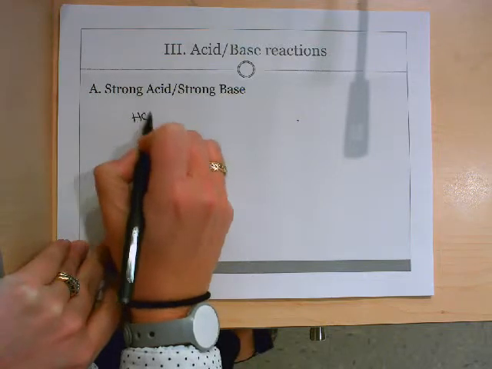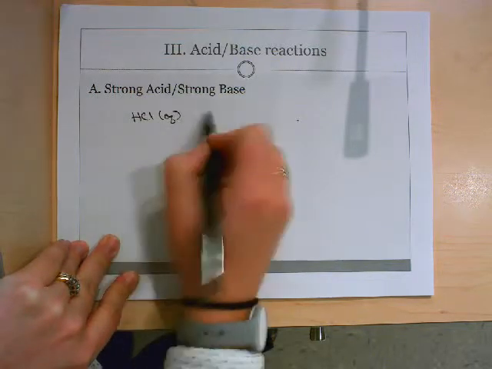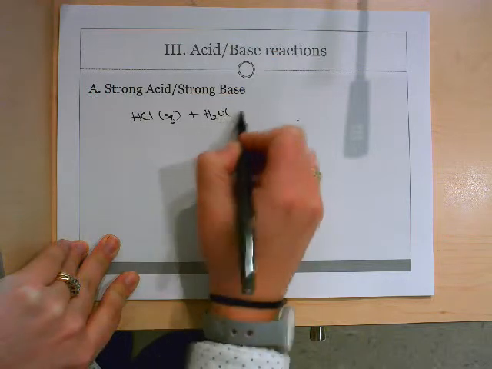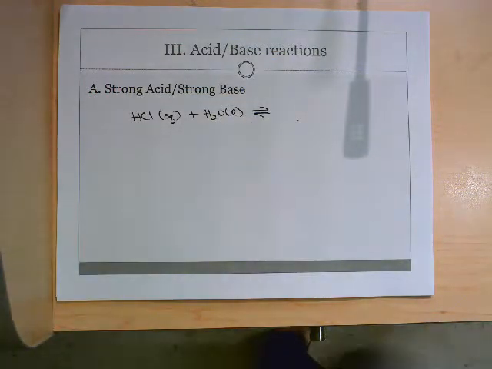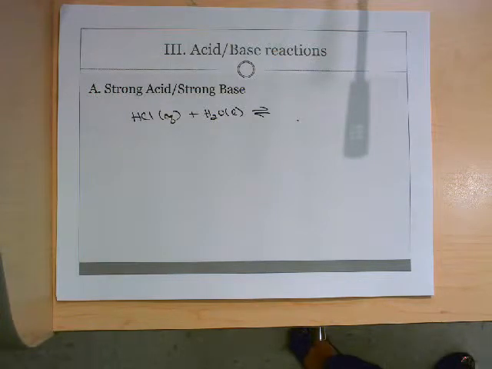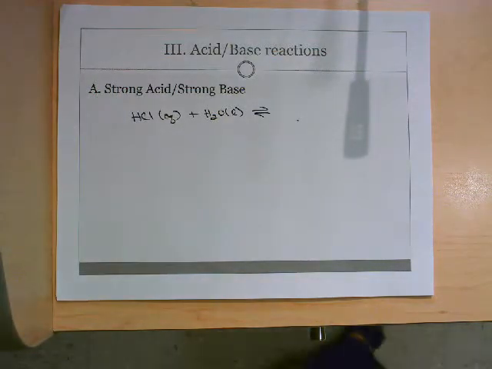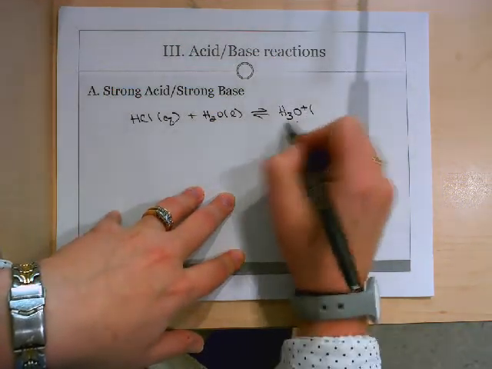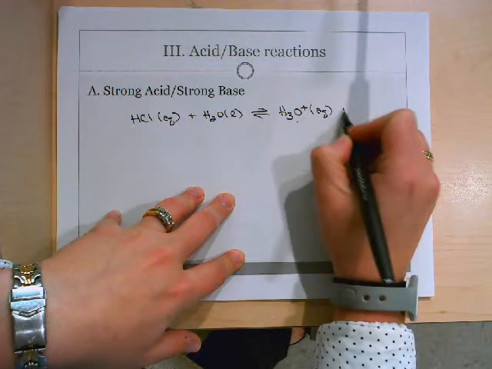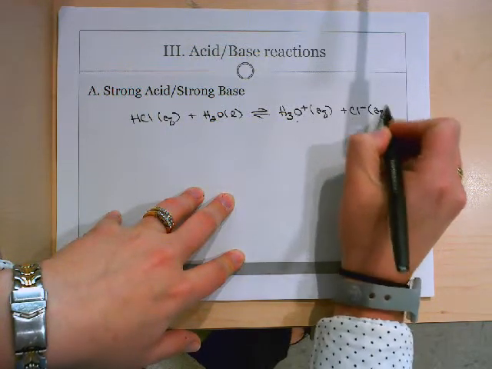I'll pick one. So that's my strong acid reacting with water. What would be one of the products of the reaction? Those are the 2 of them, H3O+. What do I call H3O+? The hydronium ion.